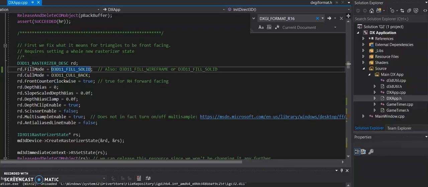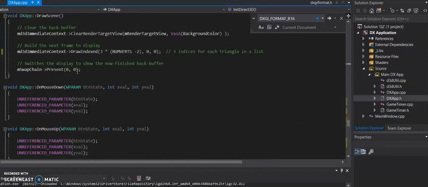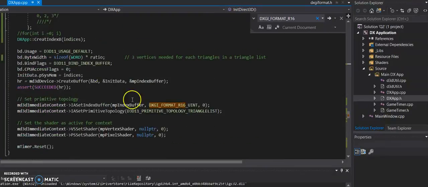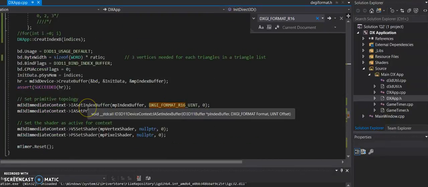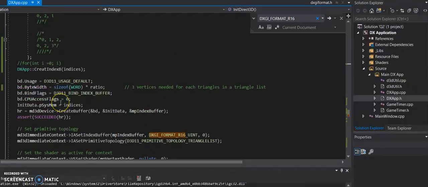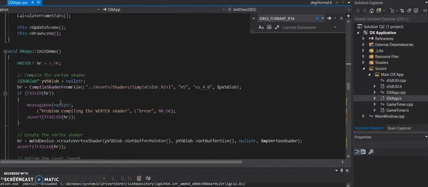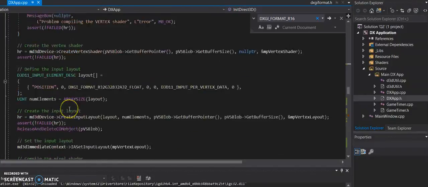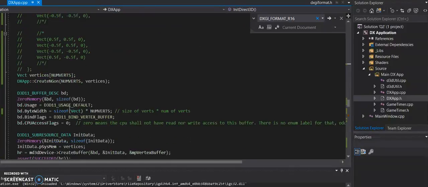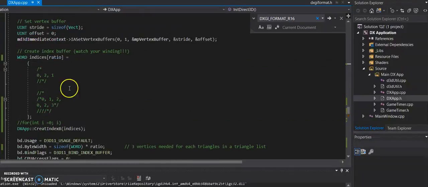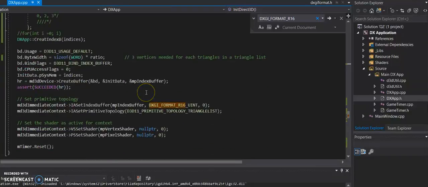And then the R16 one is being used, I could actually scroll down to it here. It's being used here in, what is this? This is the init demo, so this is specifically not the vertex, but the index buffer.